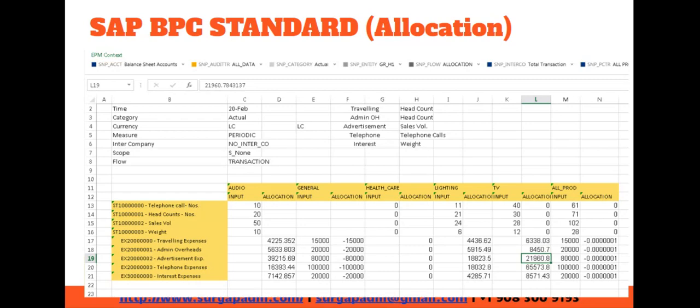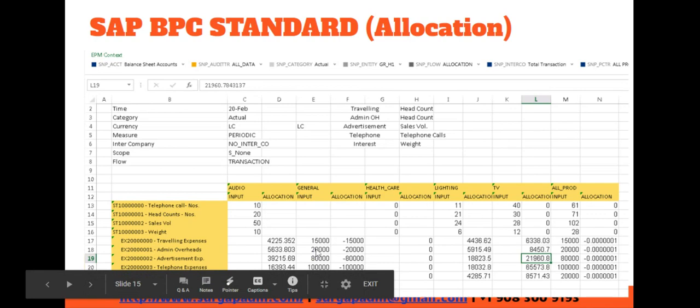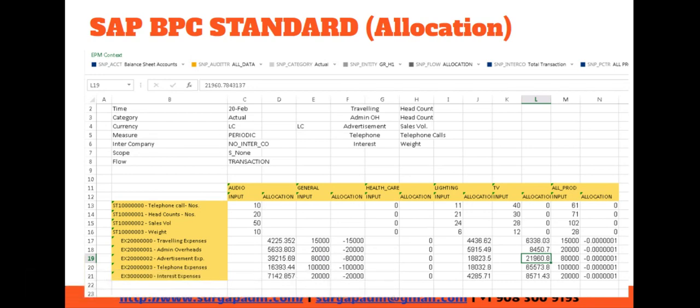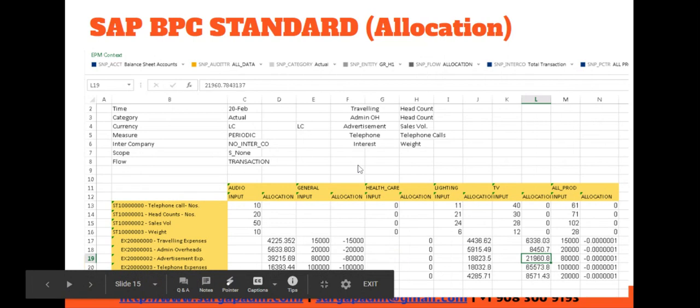key figure. Now you can see that allocation logic was executed, and the general profit center got the negative figure. In case of traveling, it got negative 15,000. In case of admin, it got negative 20,000. In case of advertisement, it got negative 80,000.